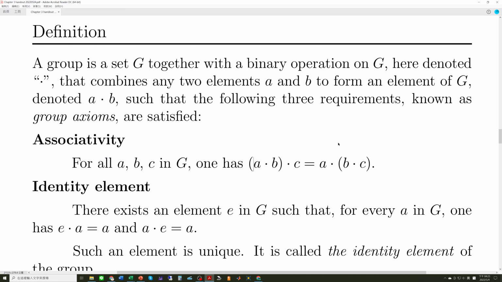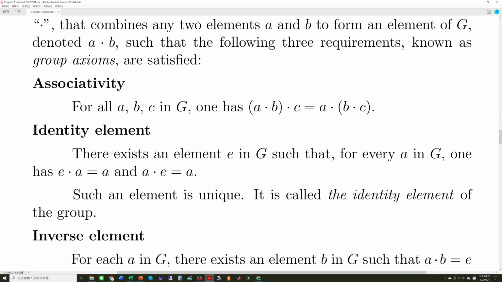That is, if you want to compute A dot B dot C, then you can compute A dot B first and then dot C, or you can also compute B dot C first and then compute A dot (B dot C). The result of the left hand side and the right hand side of this equation will be equal.